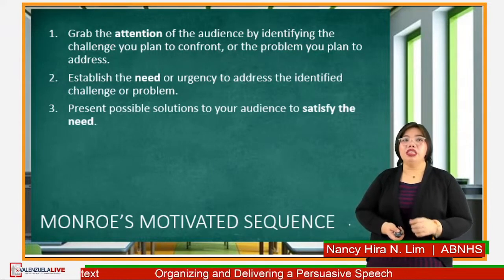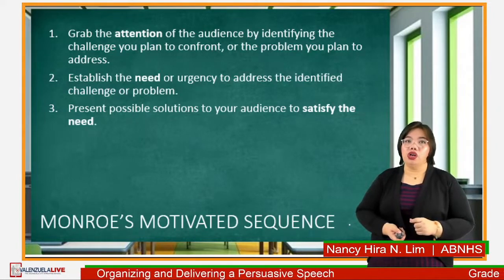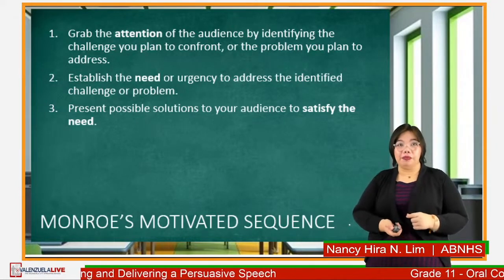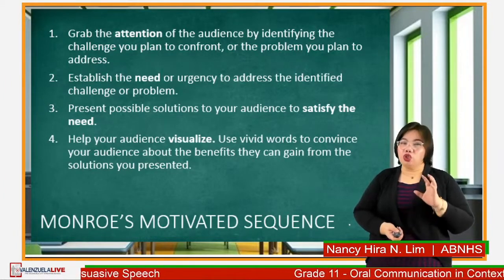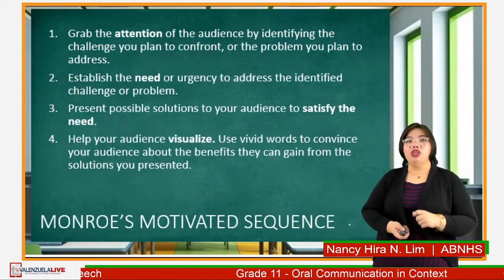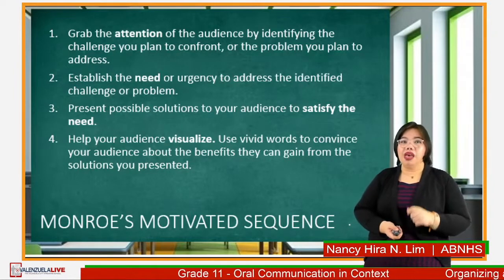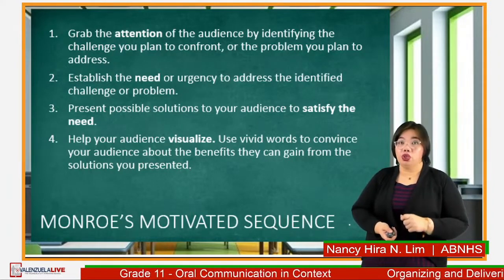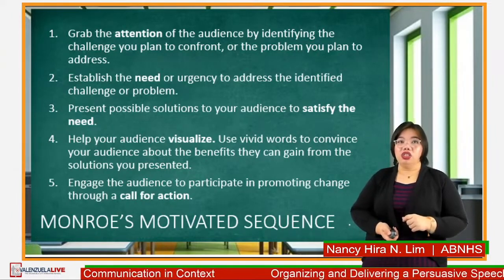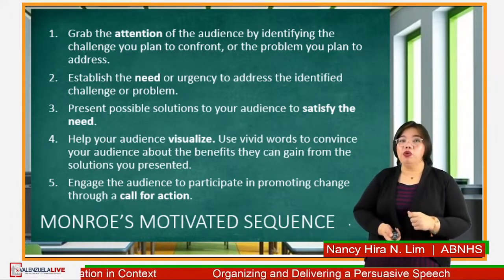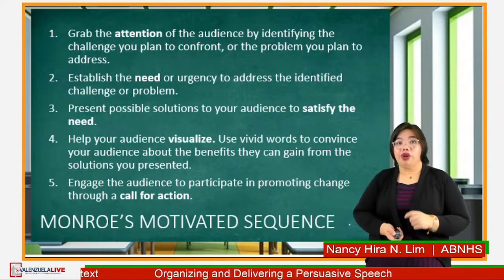Third, present possible solutions to your audience to satisfy the need. And fourth one, help your audience visualize. Use vivid words to convince your audience about the benefits they can gain from the solutions you presented. Fifth, engage the audience to participate in promoting change through a call for action.